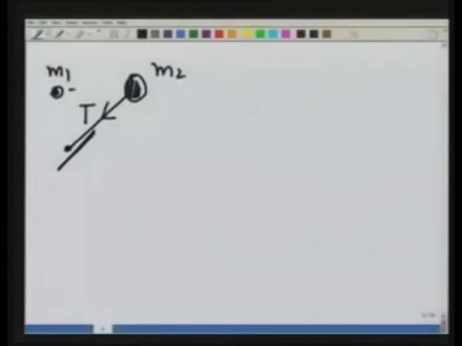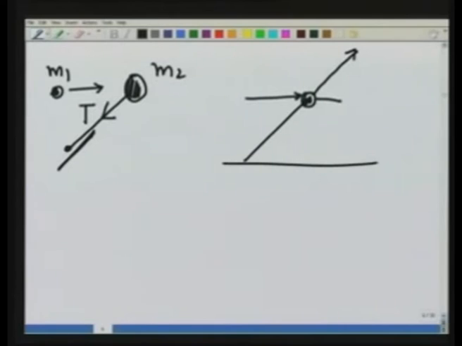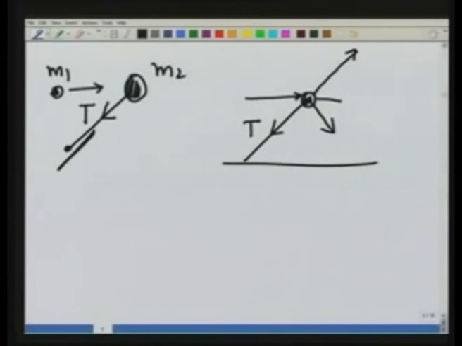So, when this particle comes in with momentum p, it is coming in like this. It strikes mass m2. The component of momentum in this direction will go to 0, because this T would be sufficient to make it 0. It is a rigid rod after all. The only component of momentum that will survive will be this. If I call this angle theta, then this angle is also theta.